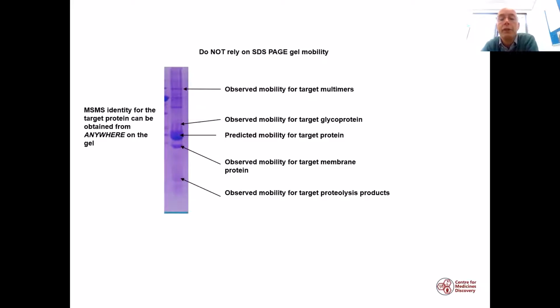Of course, your protein could form multimers, so it'd be higher still on the gel. And it's also possible that you can have a read-through mutant of your target protein. So it's the correct protein, but it has the wrong mass because there is a mutation in the stop codon, and it reads through. You have the same protein with a larger than predicted mass. So basically, wherever your protein, your target protein can actually appear anywhere on your gel lane.